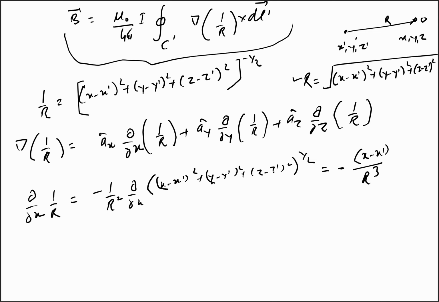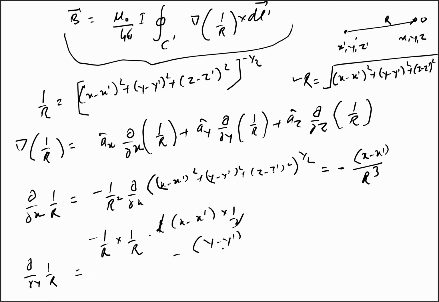If I solve it further, the 1 by 2 will come here, so it will be minus 1 by r square into 1 by r into twice of (x minus x dash) into 1 by 2. So this will be like this: minus (x minus x dash) by r cube. Similarly, dou by dou y of 1 by r will be equal to minus (y minus y dash) over r cube, and dou by dou z of 1 by r will be equal to minus (z minus z dash) over r cube.